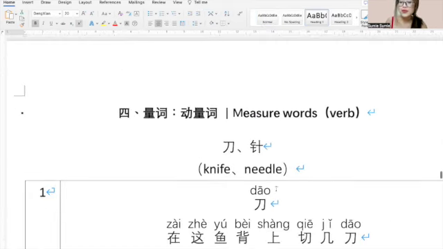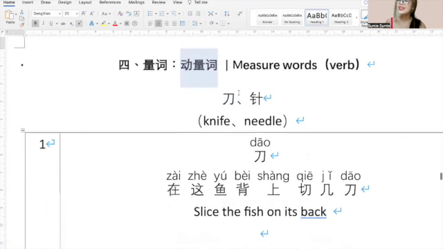This time we learned to use the noun as a measure word to describe an action or a verb. So it is 动量词, a measure word for verbs.